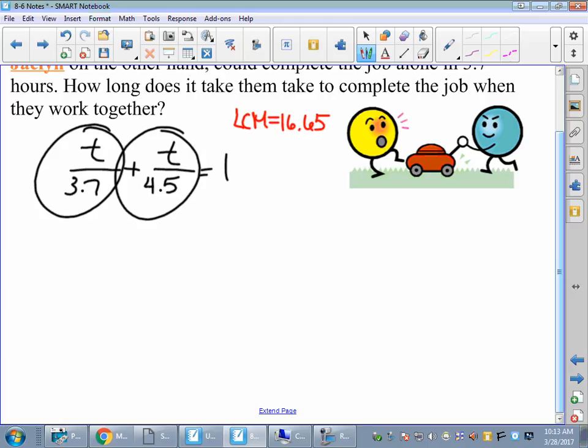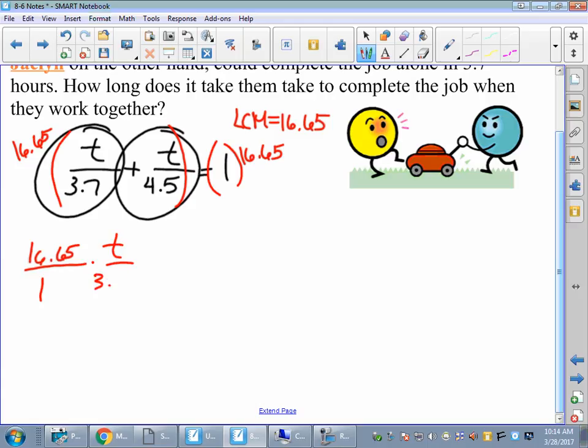So I'm going to multiply both sides, this whole thing, by 16.65. And also the 1. A lot of people forget to multiply the 1 by 16.65. Now, how did I get 16.65? Well, 16.65 over 1 times t over 3.7 plus 16.65 over 1 times t over 4.5 is equal to, and I'm just going to write it out, 16.65.